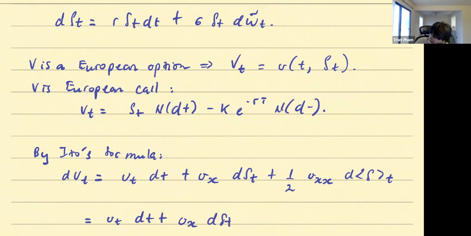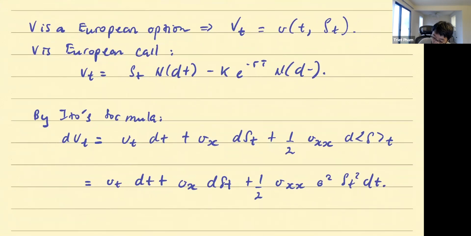I'll leave the S t for now, but it's this. And then plus 1/2 V xx sigma squared S t squared dt. All right. And of course, this is going to be the theta of the option, the delta of the option, and the gamma of the option.